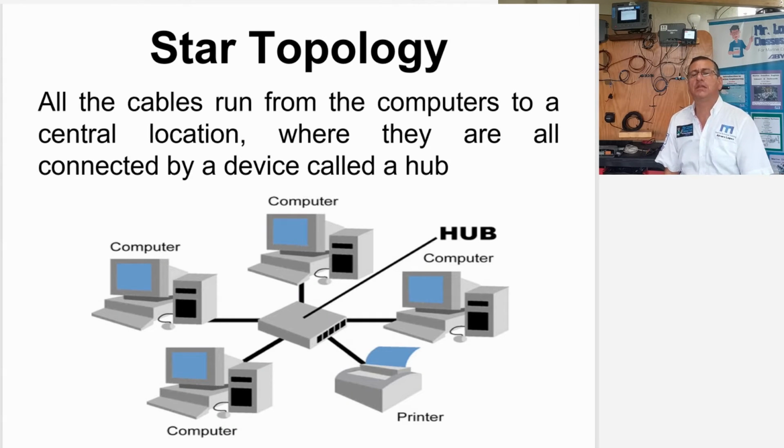The star topology is the most common topology used in IT departments in hospitals, universities, banks, in the financial industry. They use a star topology. All the cables run from the computers to a central location, where all of them are connected by a device called a hub or router. You remember?